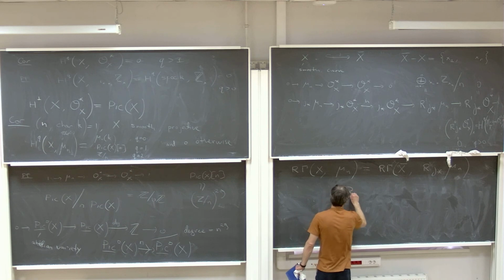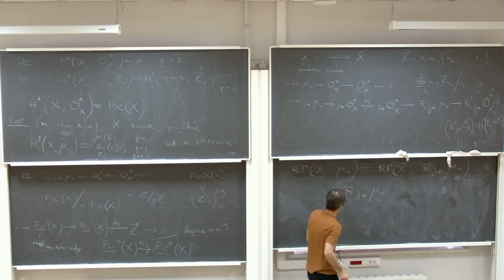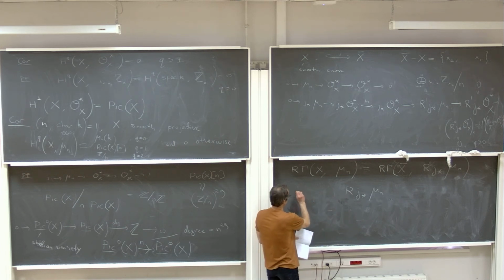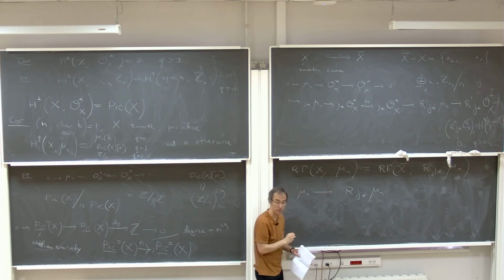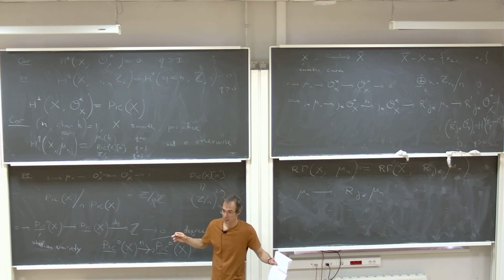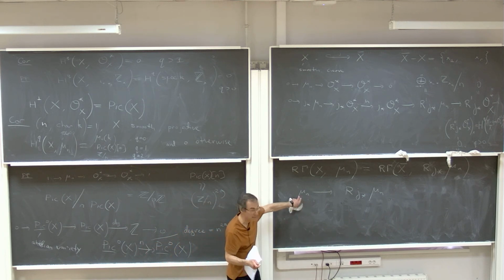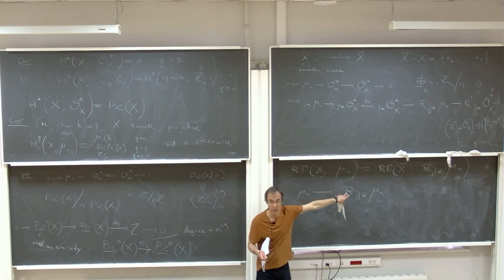Now, what do we know about this complex? We know that it has homology in two degrees, in degree 0 and in degree 1, and nothing else. So homology in degree 0 gives me a map from mu n itself to this complex, right? So if you have any complex that has homology in degree 0 and 1, you have a map in the derived category from its 0 homology, viewed as a complex, to this guy.